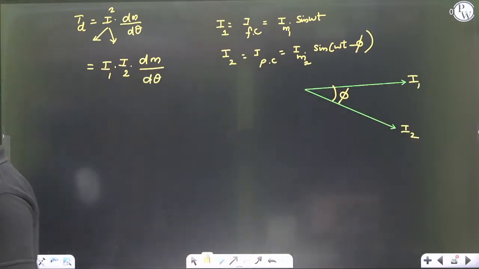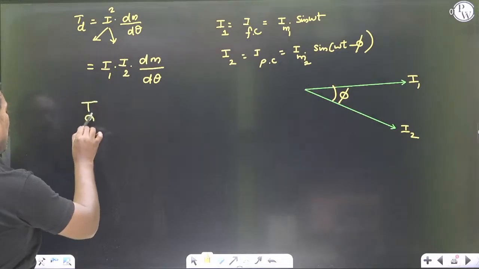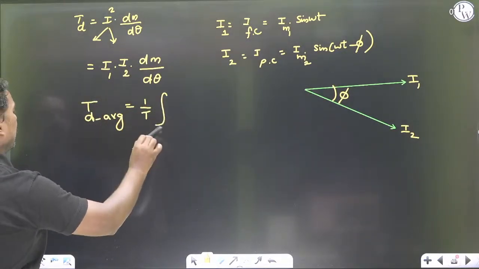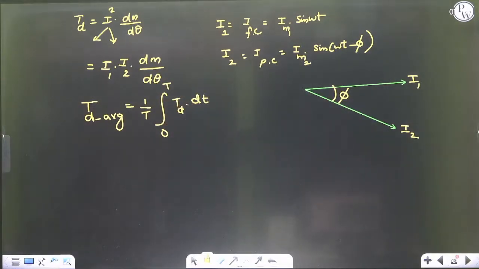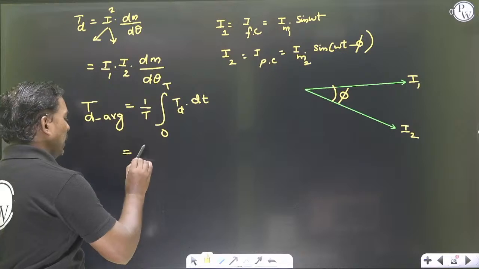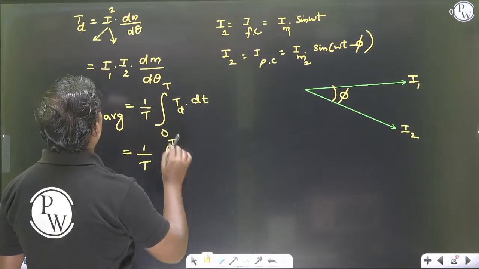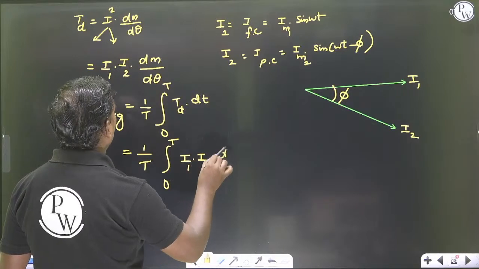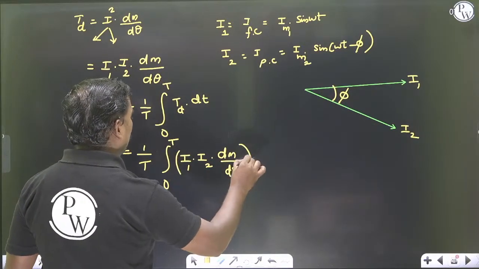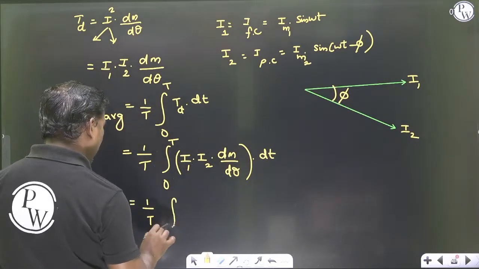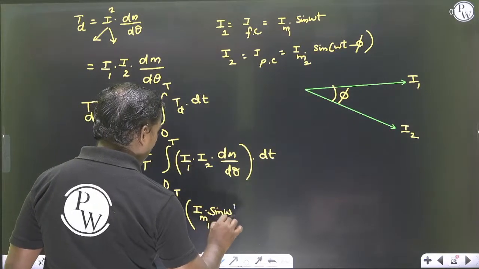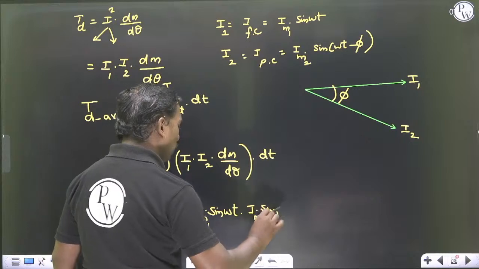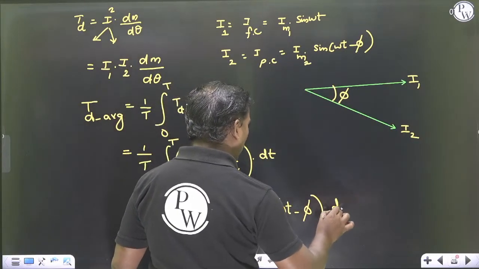So now if you take the average torque, 1 by T integration of 0 to T of TD dt, and simplify, what am I going to get? 1 by T integration of 0 to T, Im1 sin omega t, Im2 sin(omega t minus phi), into dM by d theta dt.